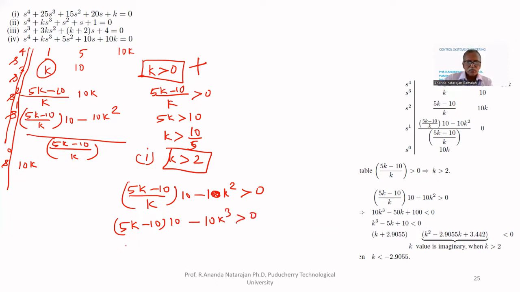So 10 is getting cancelled. (5K minus 10) minus K cube must be greater than 0, or minus 5K plus 10 plus K cube must be less than 0.